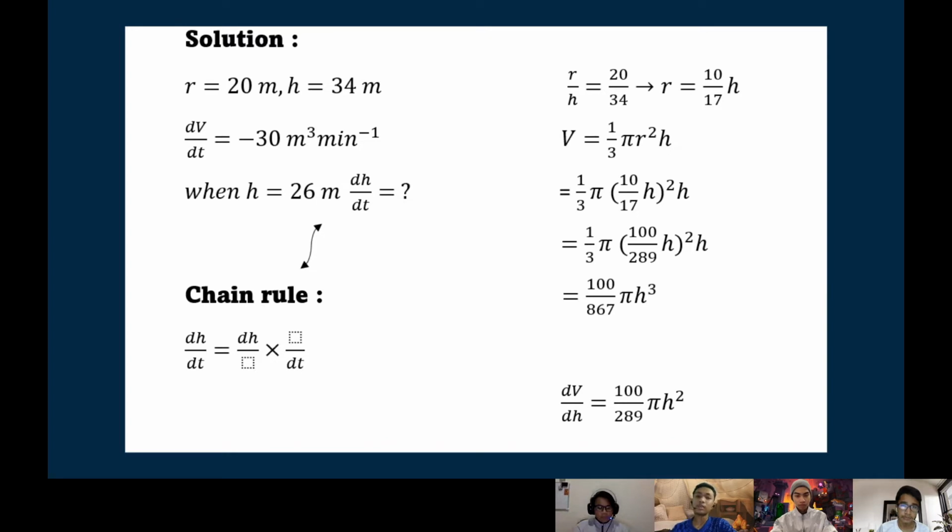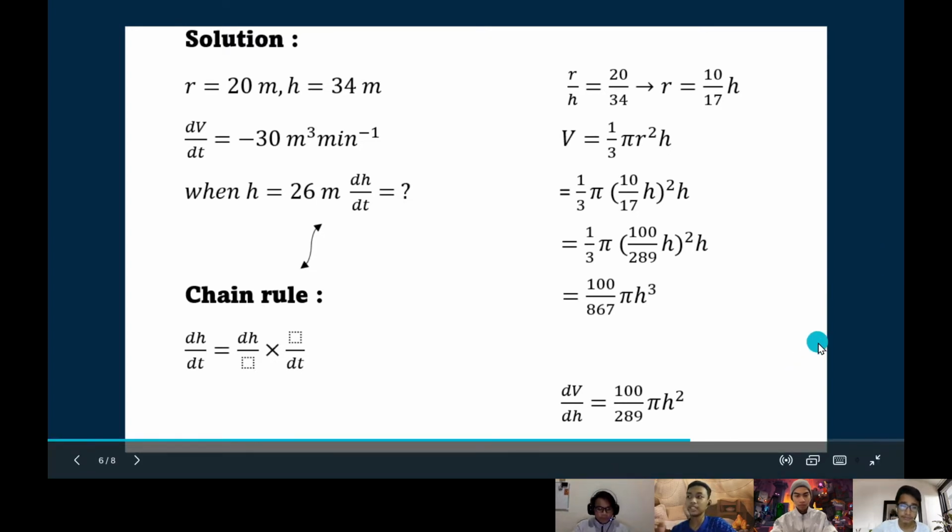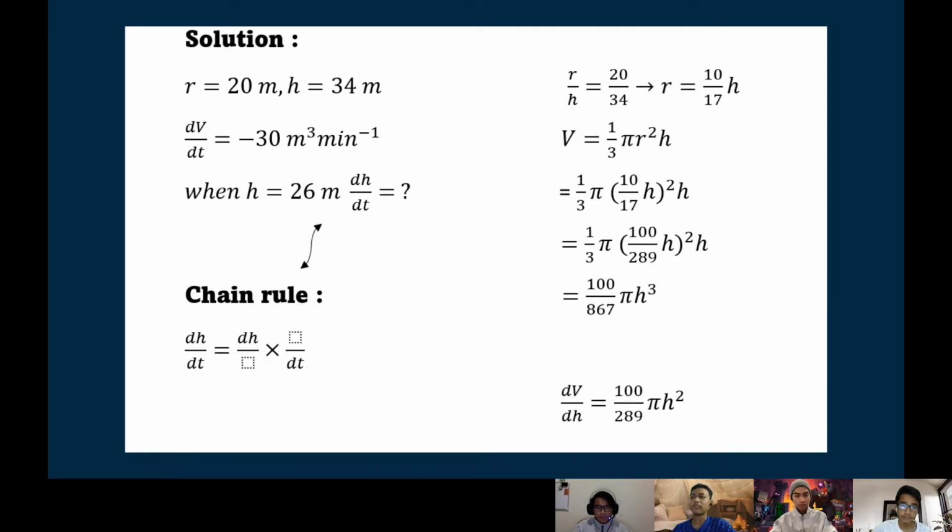From the above information, we can already list some of them. For example, r equals 20 meters, which is the radius, and the height is 34 meters. As we said just now, dV over dt is equal to -30 meter cube per minute. So the real question is, when h equals 26 meters, what is dh over dt?